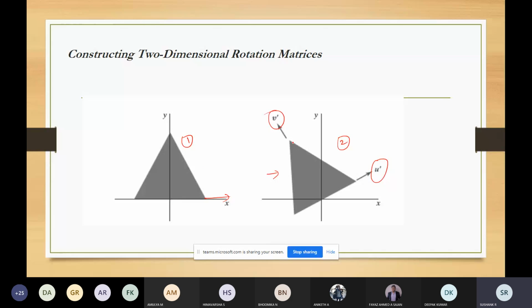We're constructing figure 2 with respect to the unit vectors u dash and v dash. So this is regarding the 2D rotation matrices.